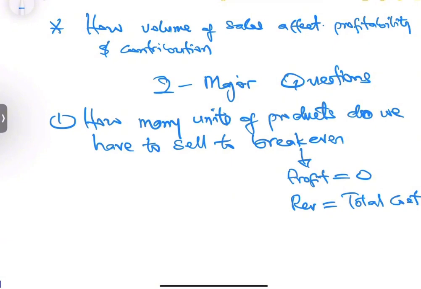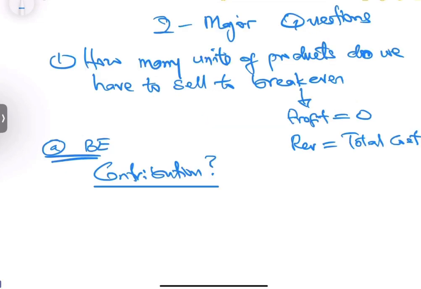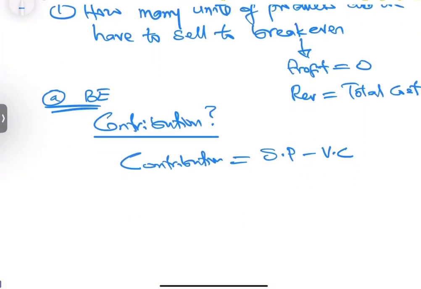And at break even, what do you expect your contribution to be? Think about your formula. What's contribution? Contribution equals to what? Sales less variable cost. Selling price minus variable cost. That is contribution.